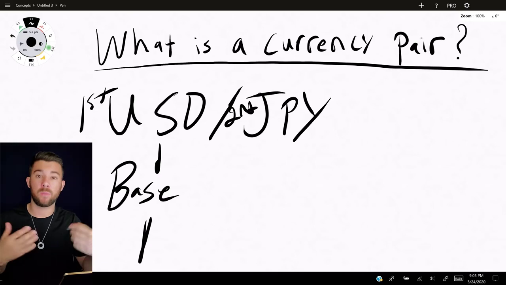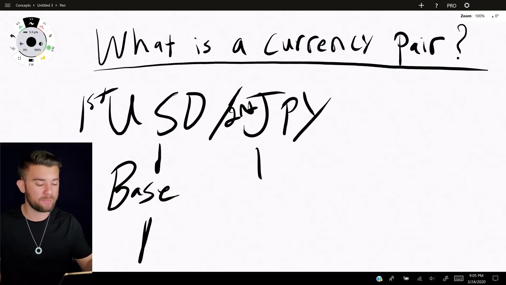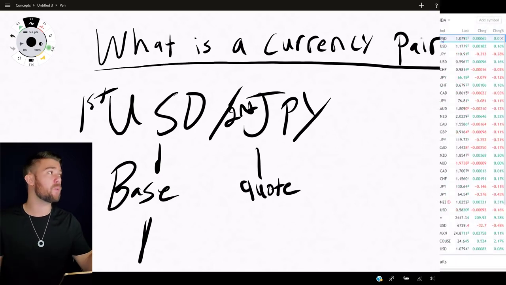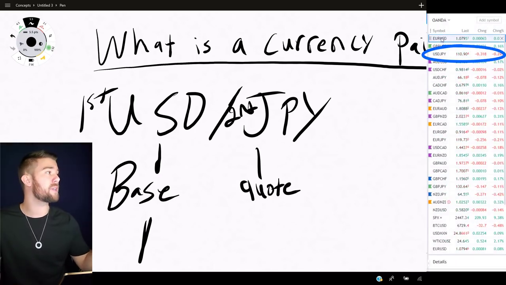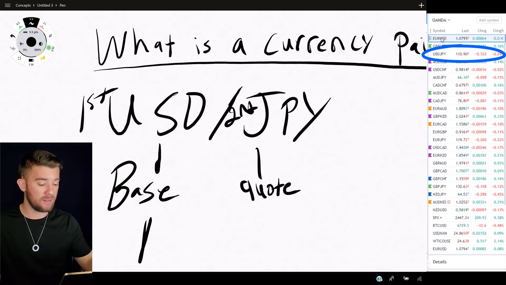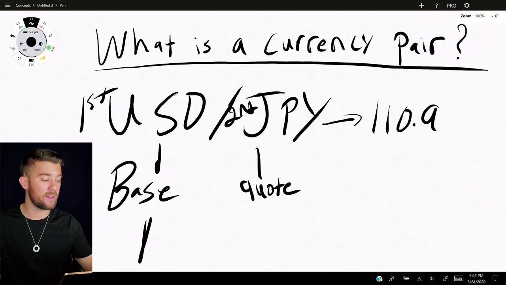The JPY is called the quote pair. So whatever the value of the dollar yen is, and it's on the screen now, it's 110.90. So the dollar yen itself is 110.90.